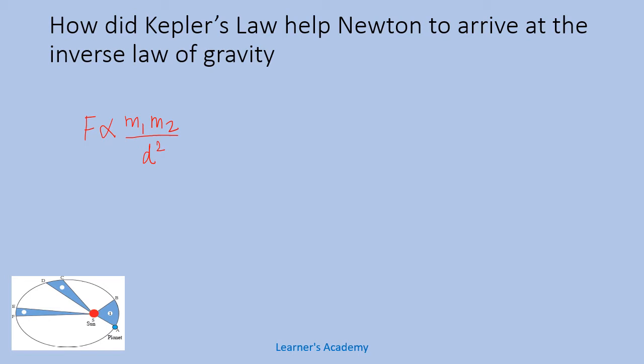He was helped by Kepler's third law. What does Kepler's third law state? It is where he had proved F is inversely proportional to the square of the distance between two objects.